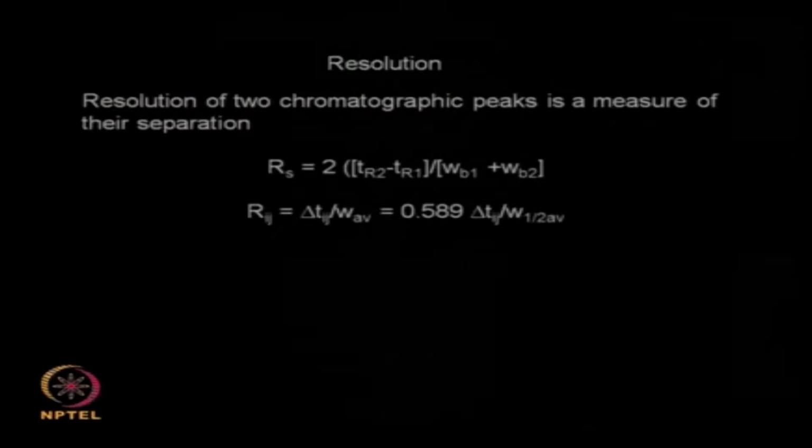Now there is another factor which is called the resolution. So resolution of two chromatographic peaks is a measure of their separation, how close those two peaks are, how far those two peaks are.